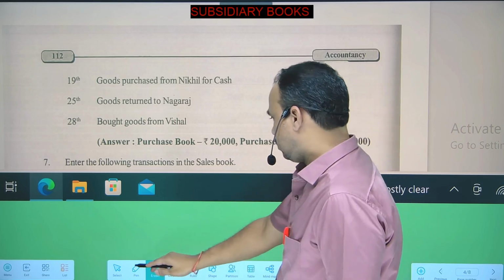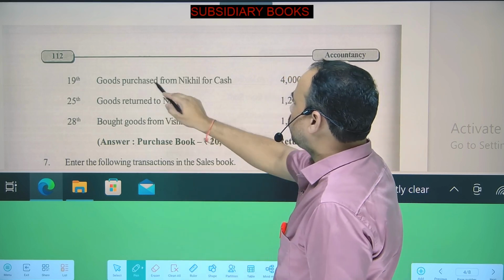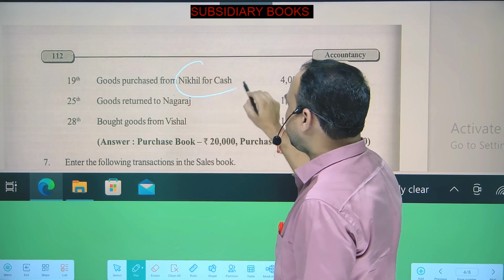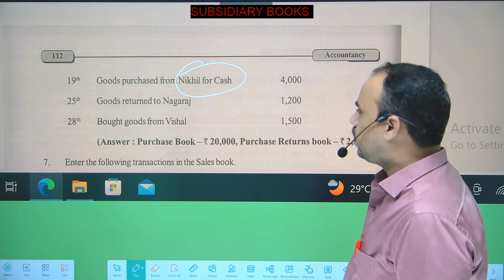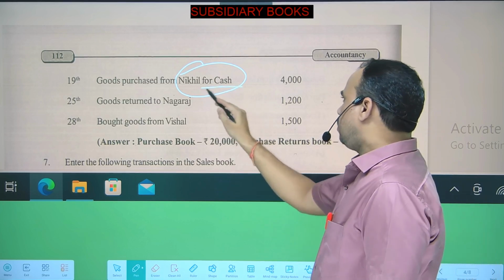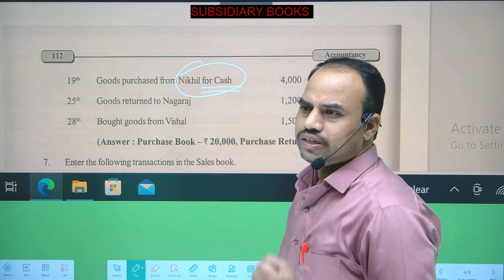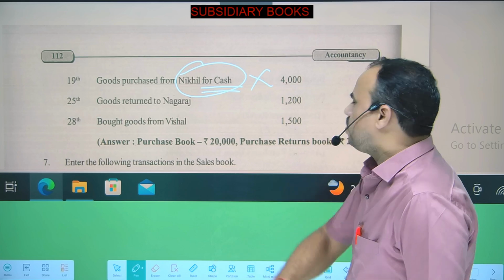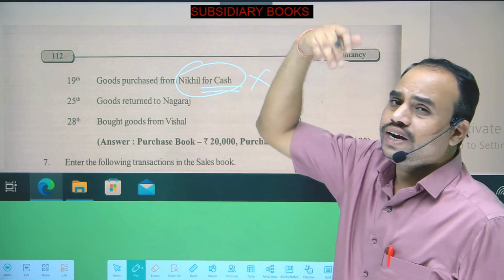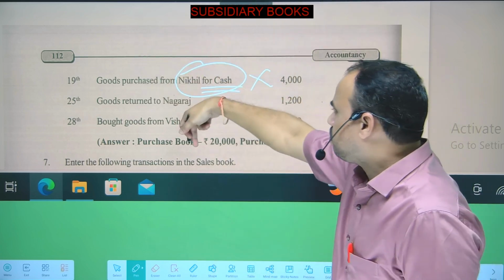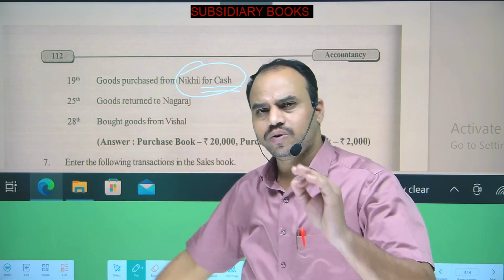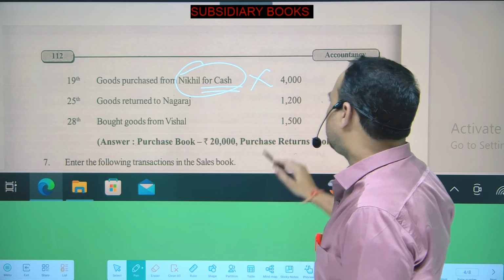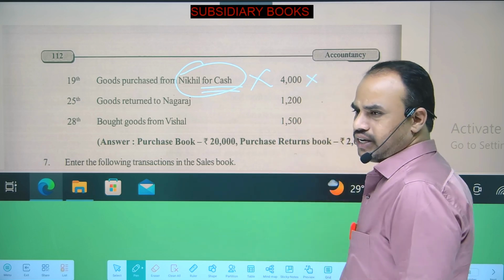Goods purchased from Nikhil for cash. How did we purchase it? For cash. That means we purchased goods and we paid cash. When you pay cash, we will not write it in the purchase book. We will write it in the cash book. In the purchase book, we will write only credit purchases. So this transaction we will not write here.